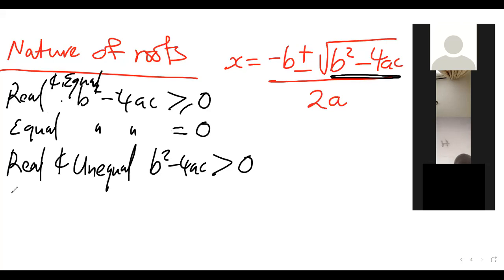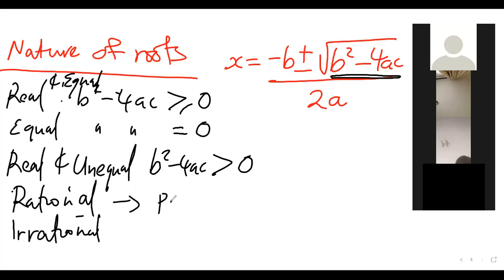And then if they are rational, it's a perfect square. So rational roots are a perfect square, okay? And if they're irrational, that means it's not a perfect square.